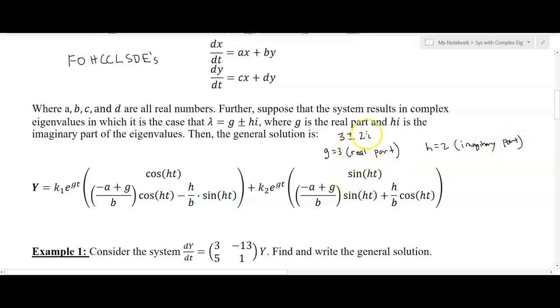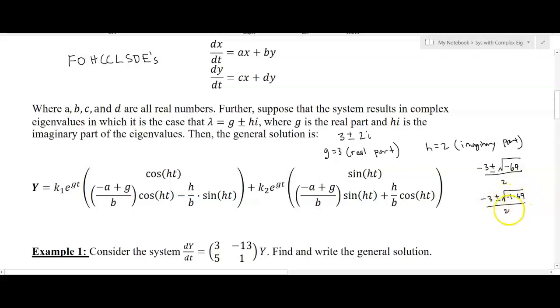What we mean by i is this: at some point in your experience, when you used the quadratic formula, you had something like negative 3 plus or minus the square root of negative 64, over 2. What we would do with that negative 64 is break it up into two factors, negative 1 and 64.